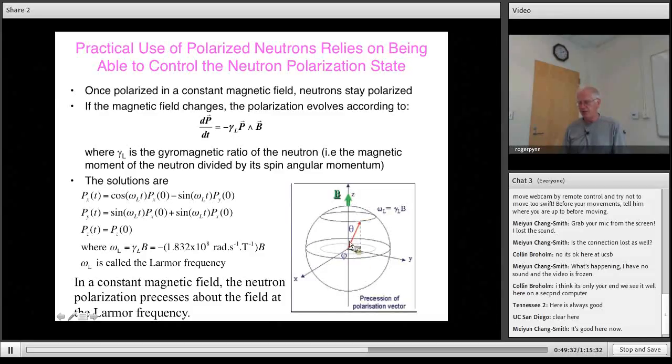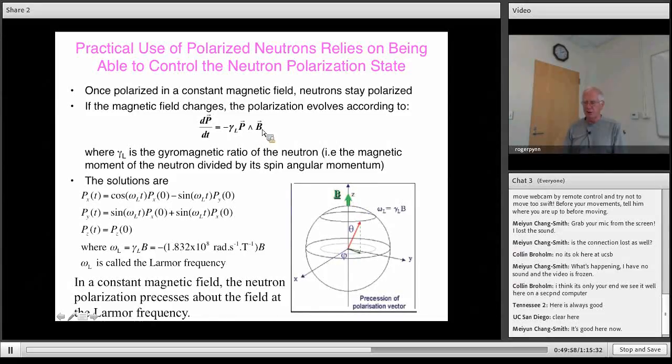But if you suddenly have a polarization vector which is at an angle to a magnetic field, these solutions over here are the ones that are going to apply. You can see that the Z component of the polarization, that is to say the one parallel to the field, isn't going to change just because of this cross product here.